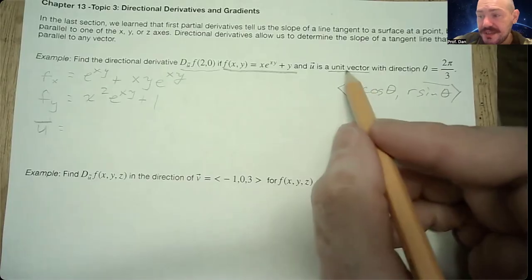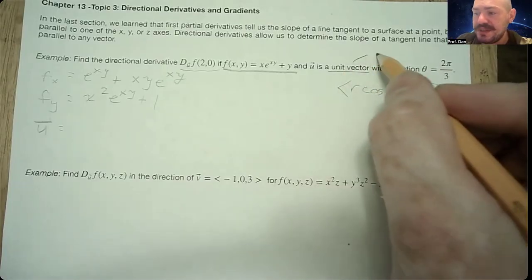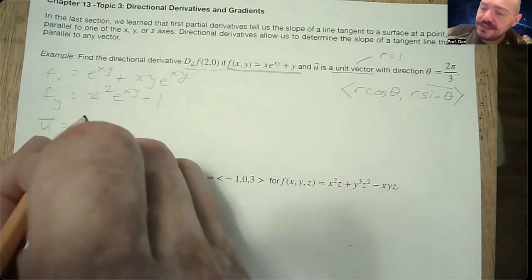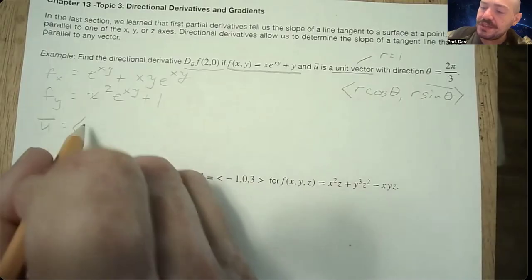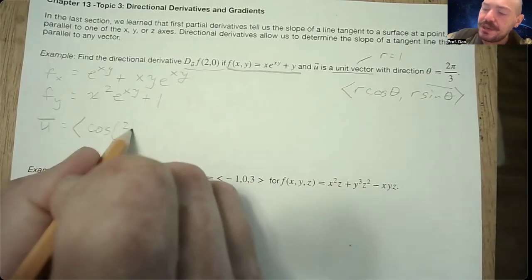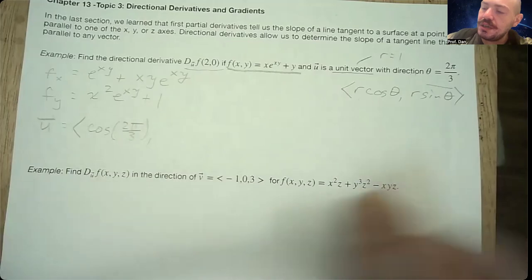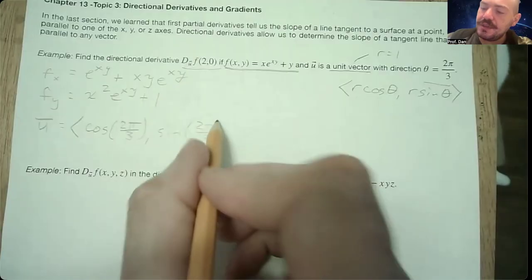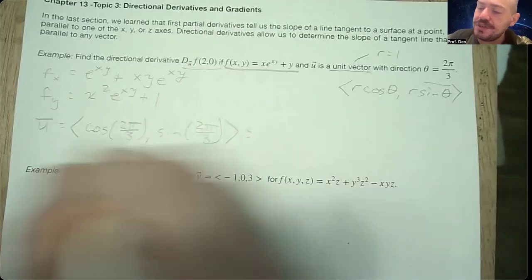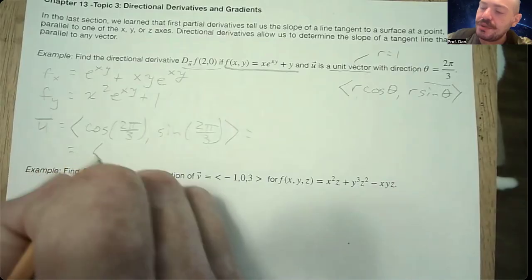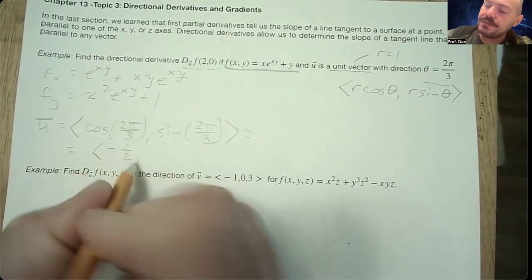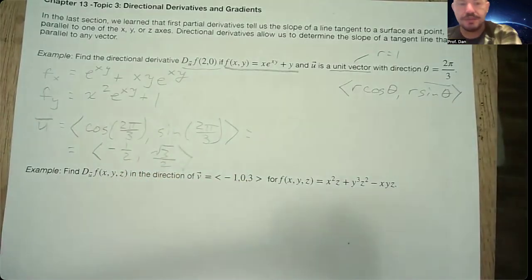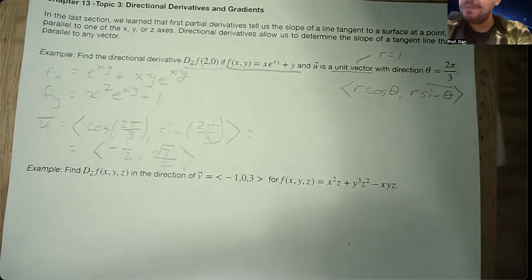In this case, because this is a unit vector, the length of this vector would be 1. So I can write this in component form as 1 times cosine of 2 pi over 3 and 1 times sine of 2 pi over 3. And because we're unit circle masters, we know that this works out to negative 1/2 and positive square root 3 over 2.